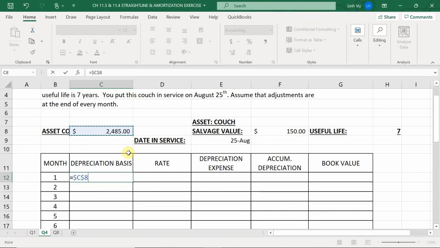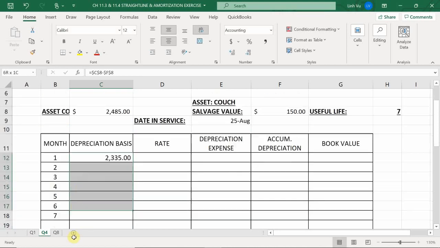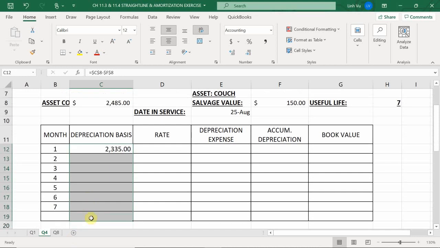Oh, and then you subtract the salvage value. Correct. So what is my depreciation basis going to be if I have to subtract 150? 2,335. Perfect. $2,335 is going to be your depreciation basis.